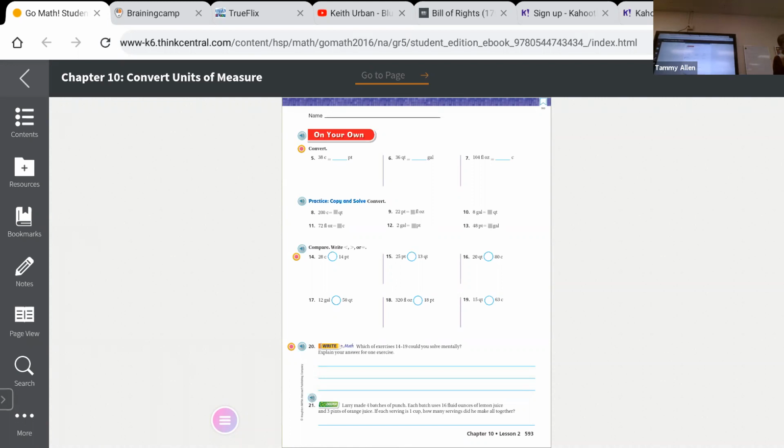Like a gallon of oranges. Okay. All right. So if you just start paying attention, you'll start noticing these sizes. So if you go to the store, doesn't half and half come in quarts?